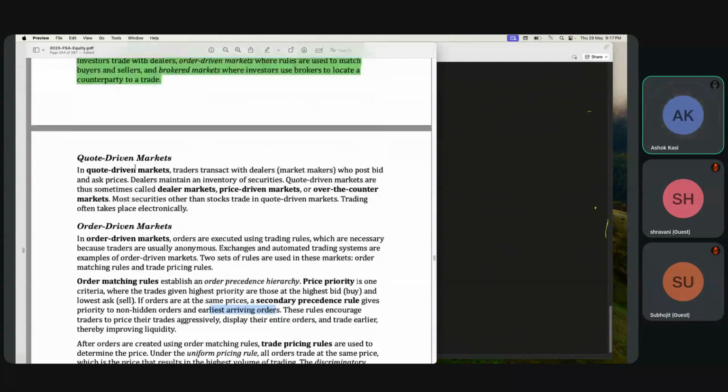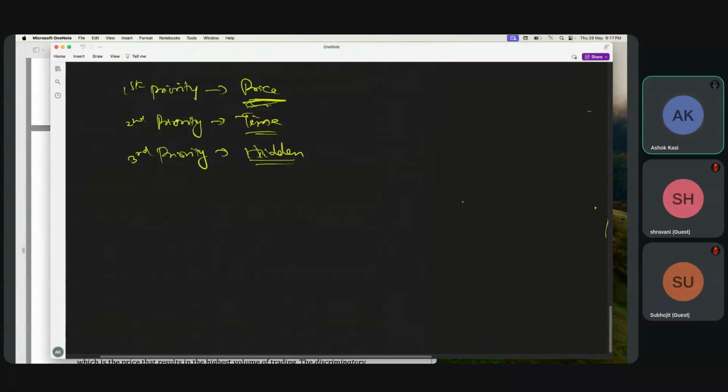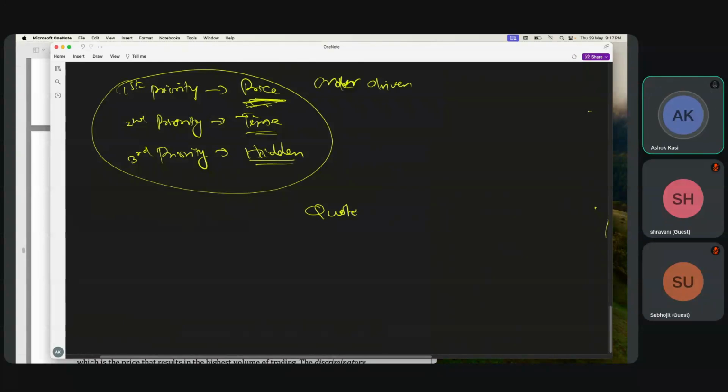Then quote driven. So these are all for order driven. Quote driven is, a very simple example, if I say unofficial one, you are going to a shop. When you are going to a shop, that is also a market only.